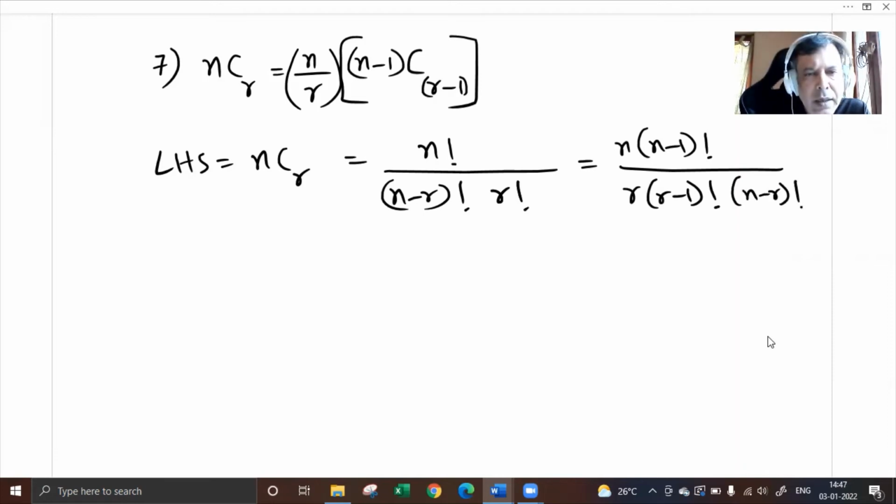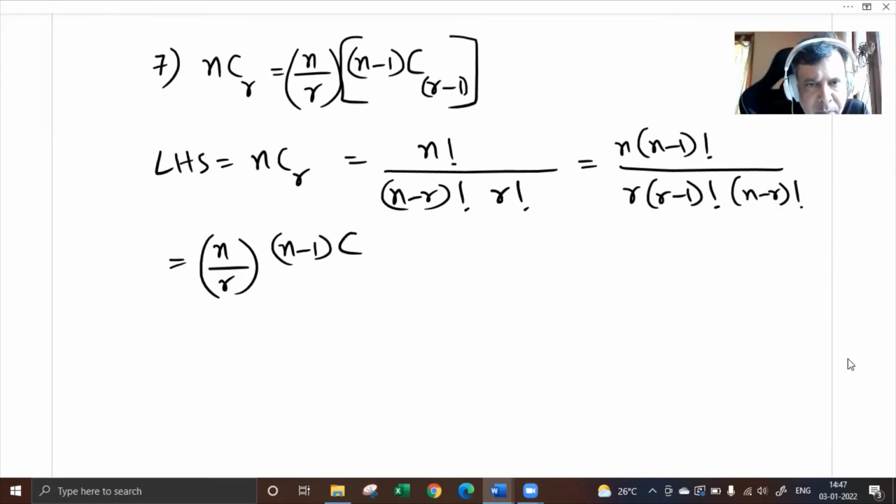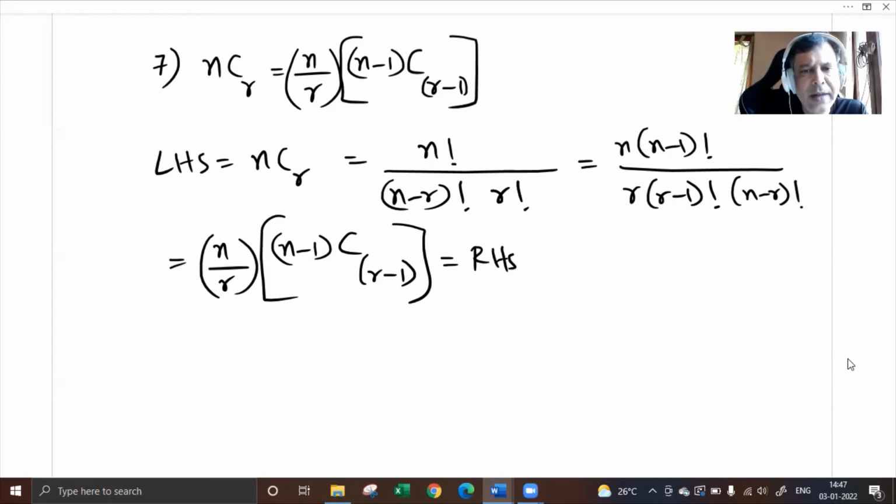That can be rewritten as n by r times (n minus 1)! divided by (r minus 1)! into (n minus r)!, which is nothing but (n minus 1)C(r minus 1). That is our desired right hand side.